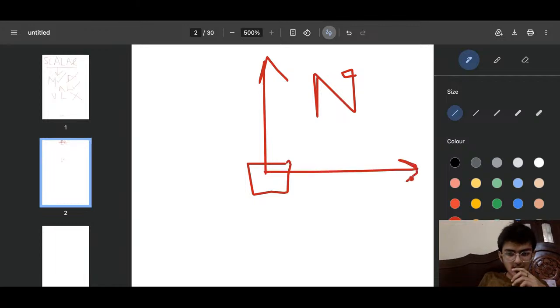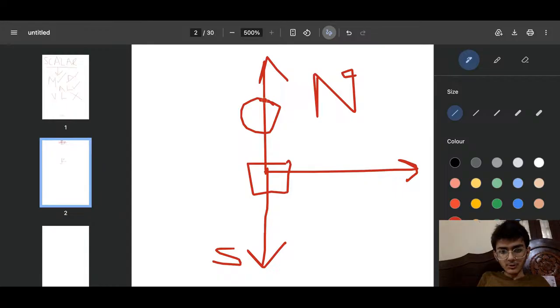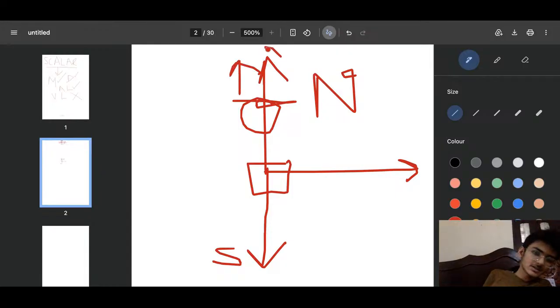Like this is the point. But now I change the point of reference to this one, suppose. So now this is south with respect to this. Now the portion above this line is the north. It is covering a little portion of your previous frame of reference, previous reference point, sorry.